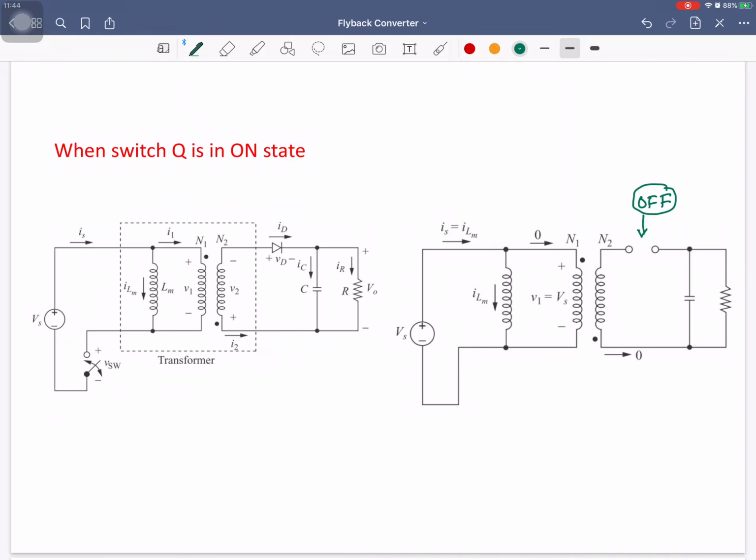There is no flow of current in this diode when you have turned on your switch, the first state. So Q is on, so it is represented by the short circuit and the current is going to flow through the magnetization branch of your transformer, right? And your diode is in the off state.